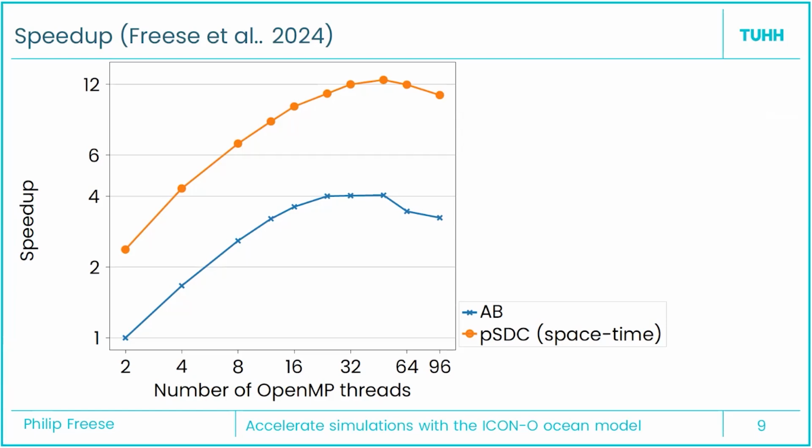Then you see, okay, you directly get a speed up of over 2. What we do there is we just invest all the OpenMP parallelism in time now, okay? And then compared to this Adams-Bashforth with 2 threads, we can get a speed up of about 12, which is quite nice.